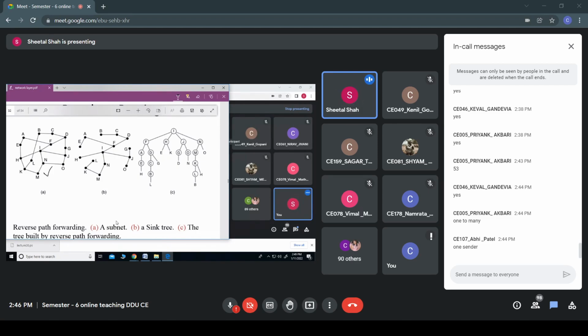In spanning tree based broadcasting, every host would have the complete picture of the spanning tree. So whenever a packet reaches a particular router, say suppose I is my sender, and since it wants to broadcast, it would broadcast to all its outgoing links. Fine.